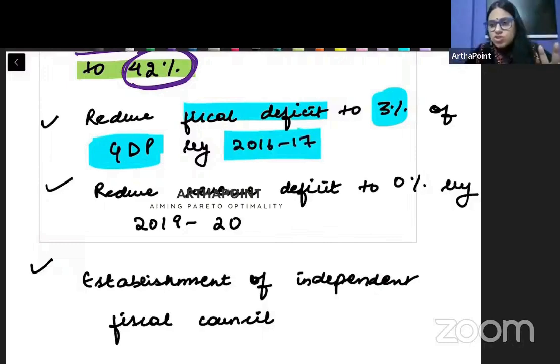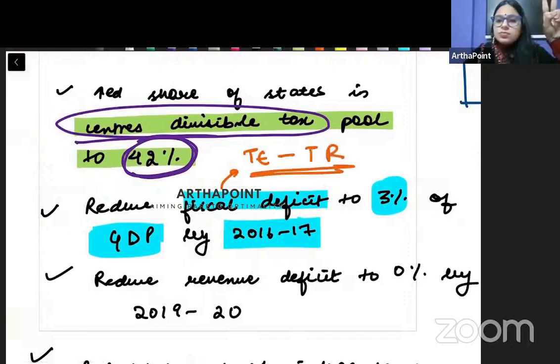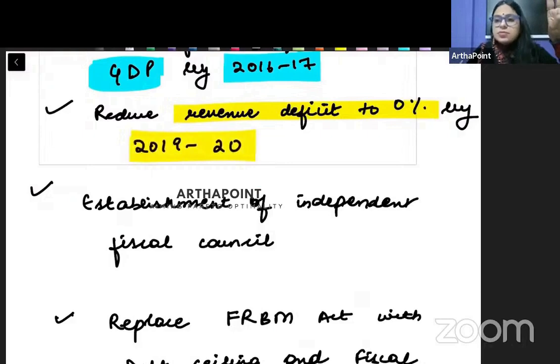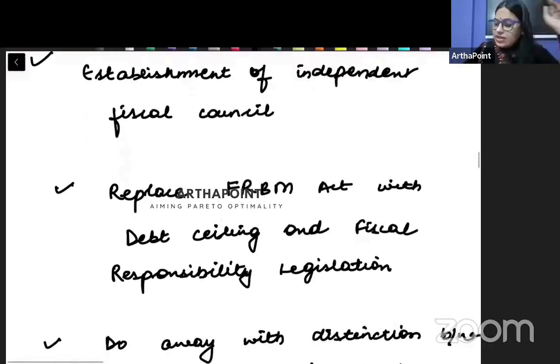What is fiscal deficit? It is total expenditure minus total revenue. Third, reduce revenue deficit to 0%. What is revenue deficit? Revenue expenditure minus revenue receipts. इसको 0% पे ले जाओ.